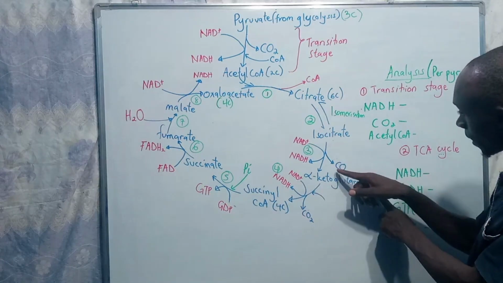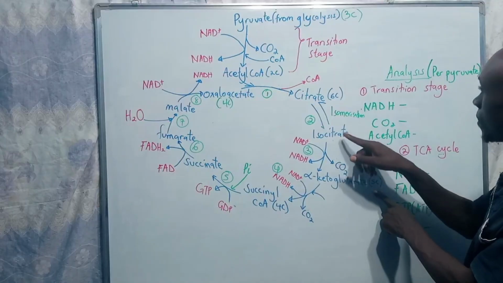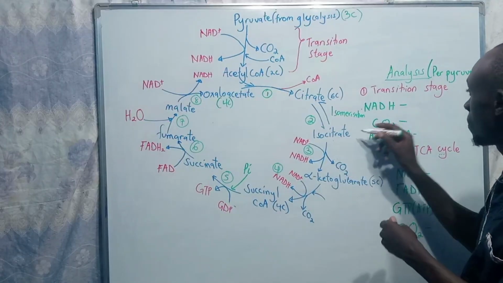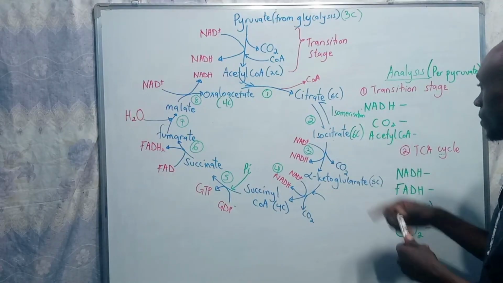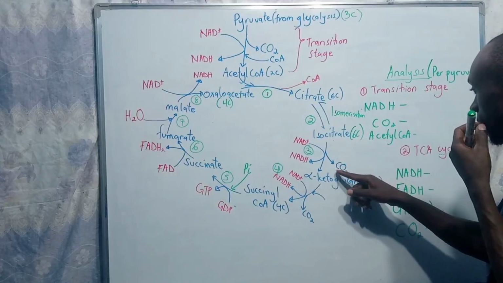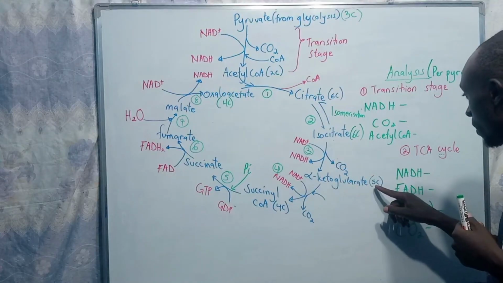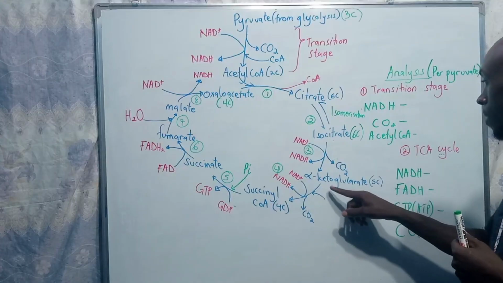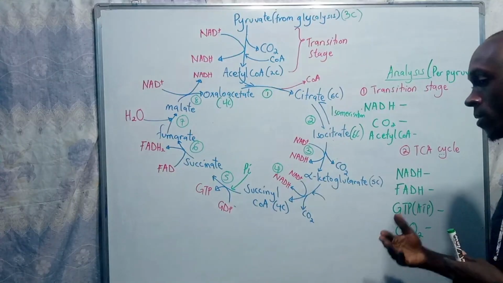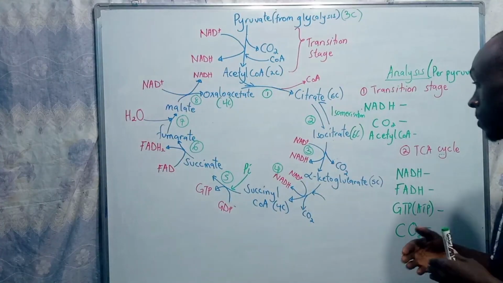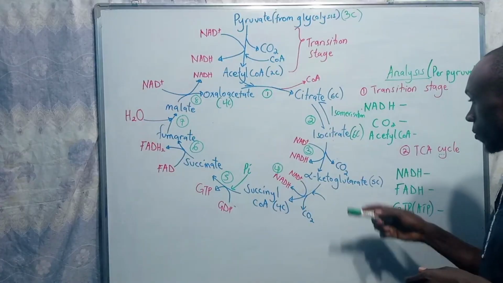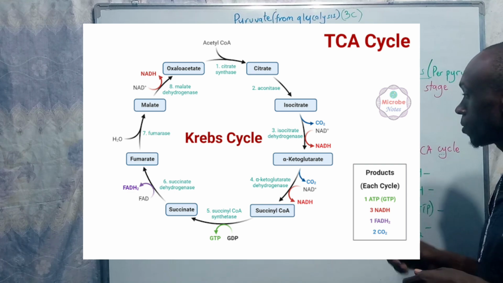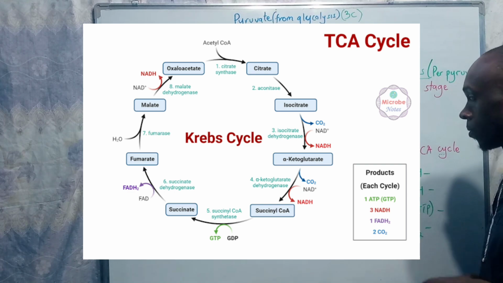Since initially the isocitrate had 6 carbons, if we lose 1 carbon through carbon dioxide, we remain with a 5 carbon molecule, that is alpha-ketoglutarate. If someone says alpha-ketoglutaric acid, that is also 100% correct.